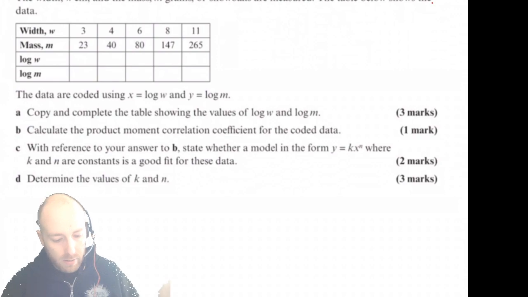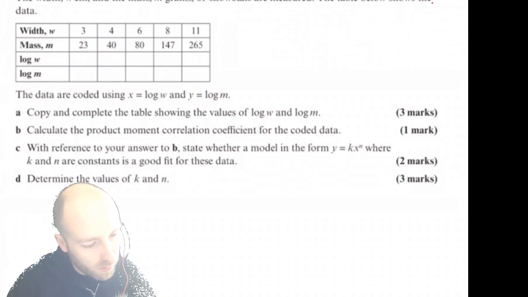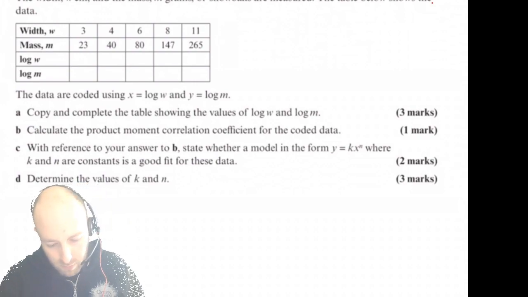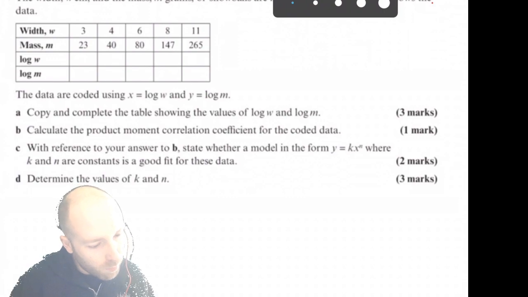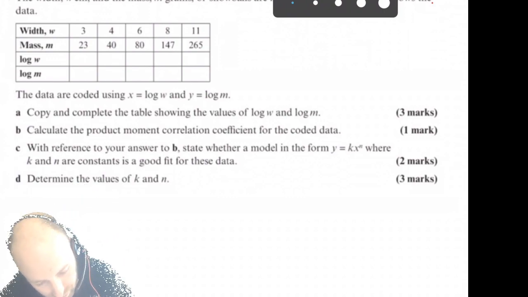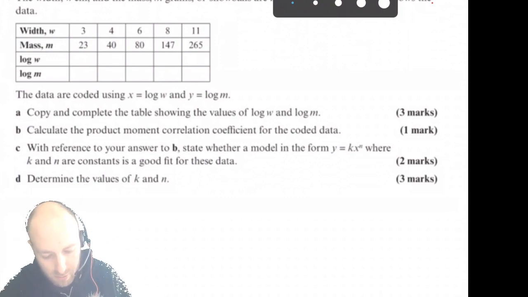So, part A, log all this stuff. I'm not going to go through how you do that, but I will copy the correct answers in if I can fit it. Yeah, we'll try and squeeze it in. So, 0.4771.